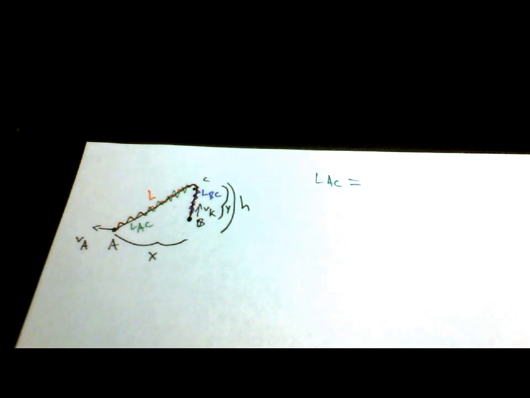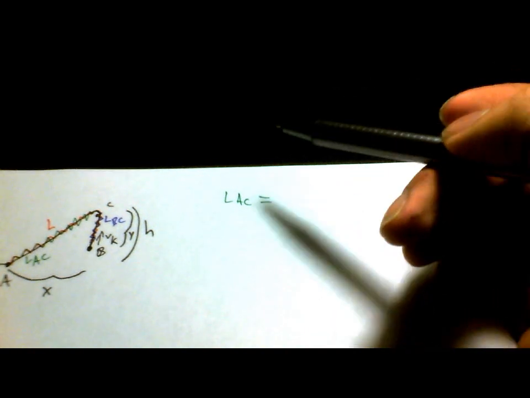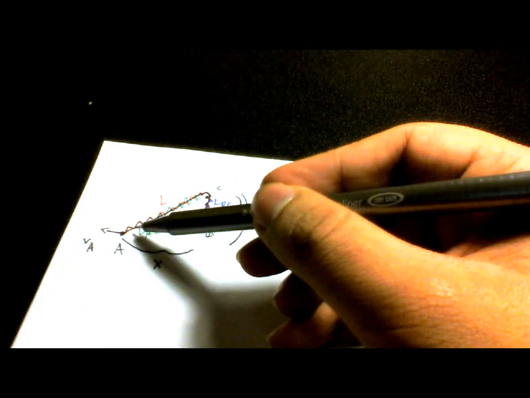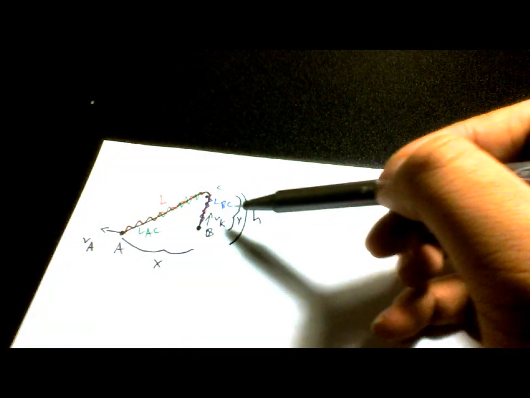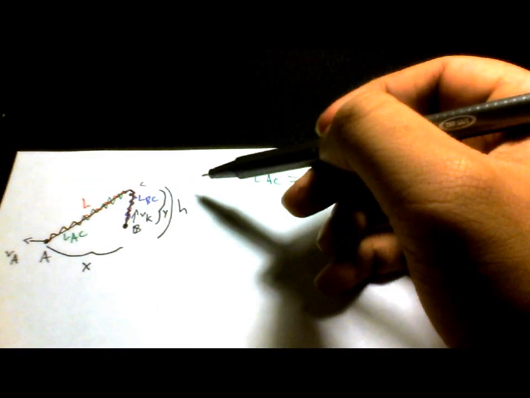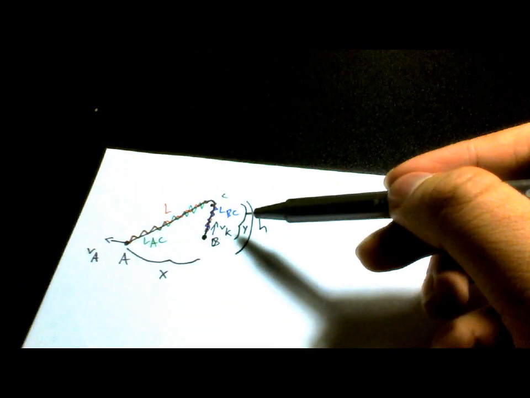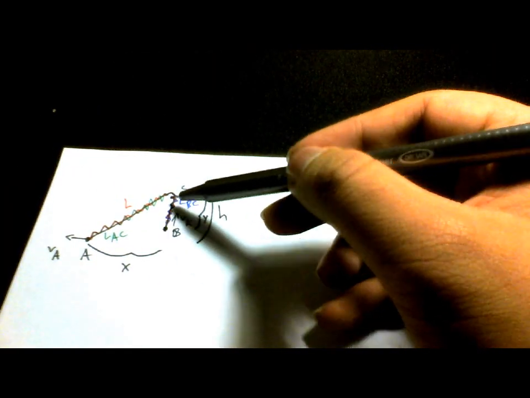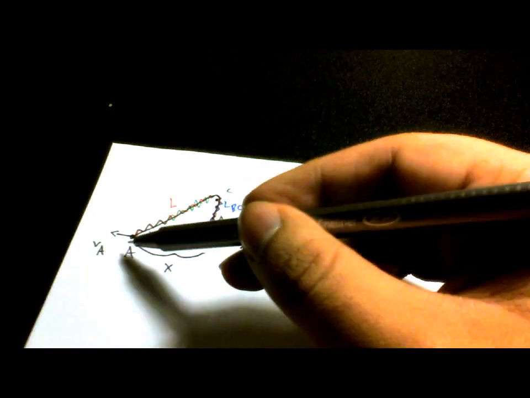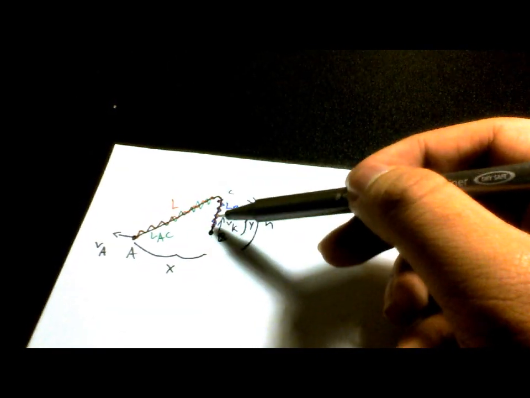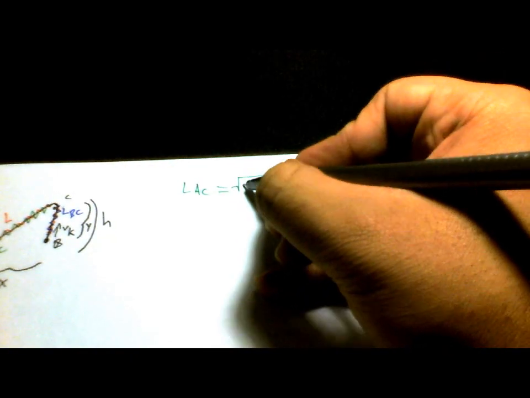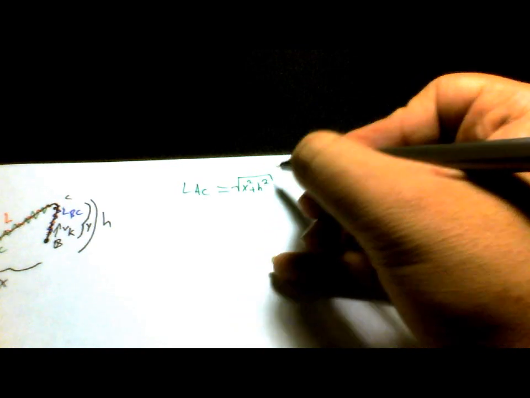That's what they tell us to equate X to, so we're going to listen to them, X and Y. So we see here that as X varies as he moves, the length AC is always relative to X and H, from a triangle. This length of the rope doesn't affect that length because the triangle is composed of X and H, not Y. So length of AC is equal to root X squared plus H squared.